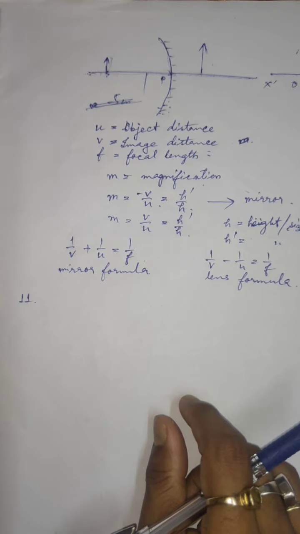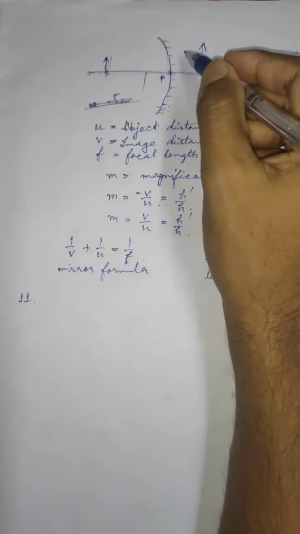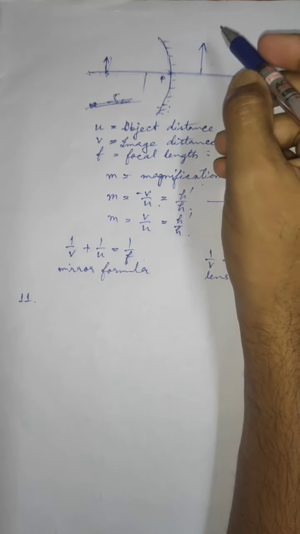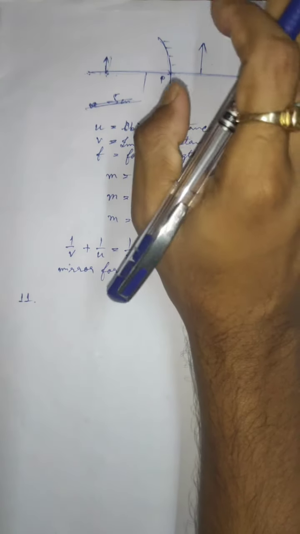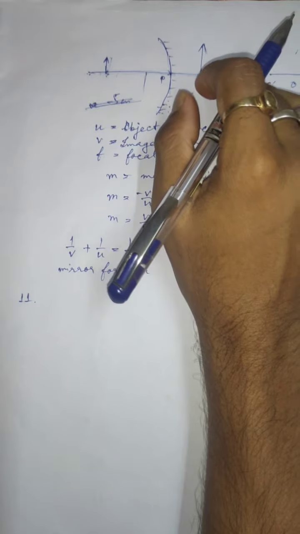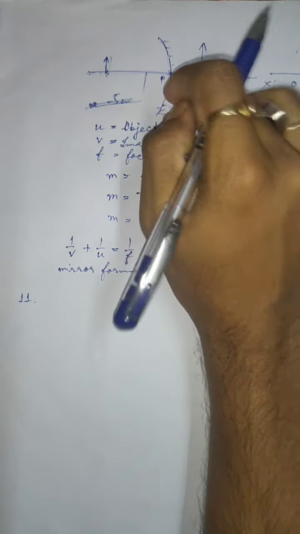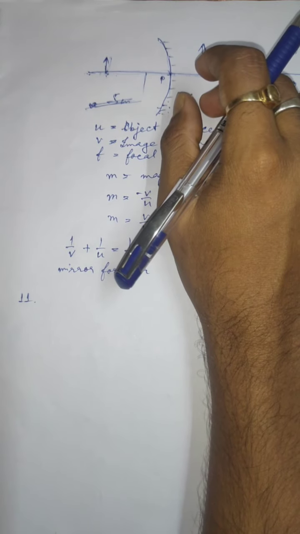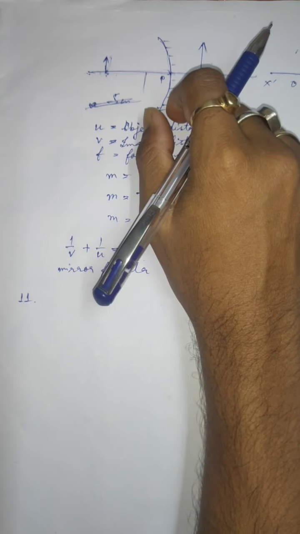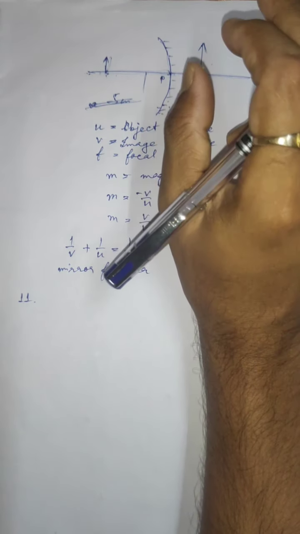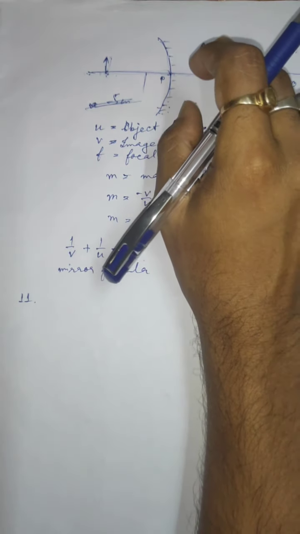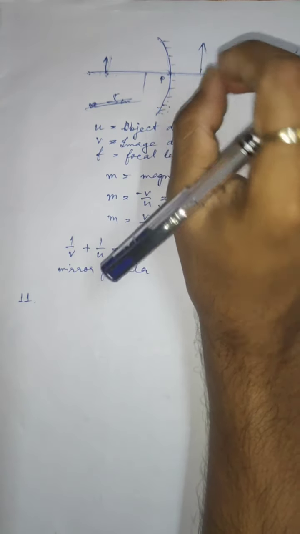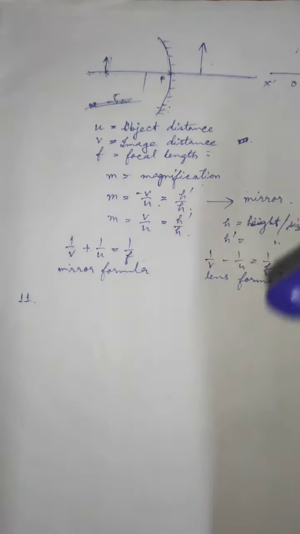Before starting, you must understand the question properly. One more thing I'd like to say about the focal length. Remember, when it is a concave mirror or concave lens, the focal length is always negative. I repeat, when it is a concave mirror or concave lens, the focal length is always negative, else positive.